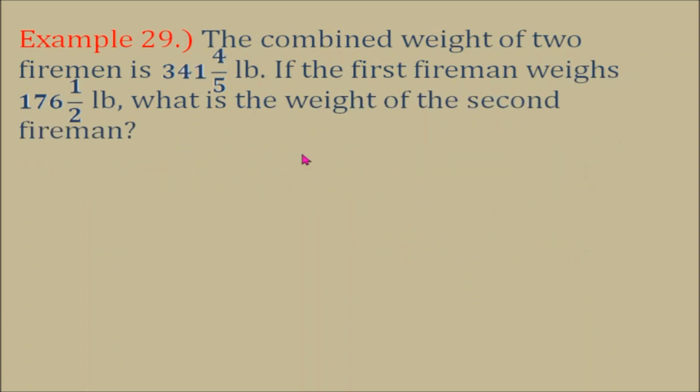Example number 29. The combined weight of two firemen is 341 4/5 pounds. If the first fireman weighs 176 1/2 pounds, what is the weight of the second fireman? So how do we solve this problem? Yes, we are going to subtract.